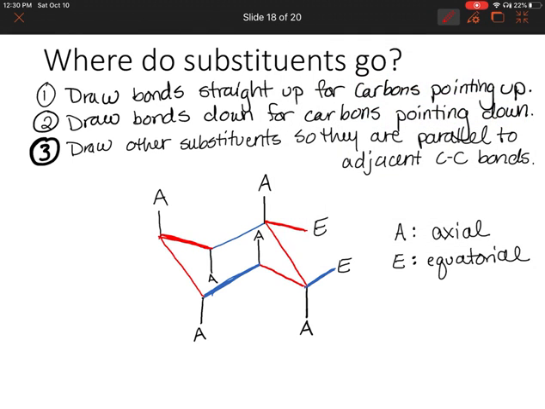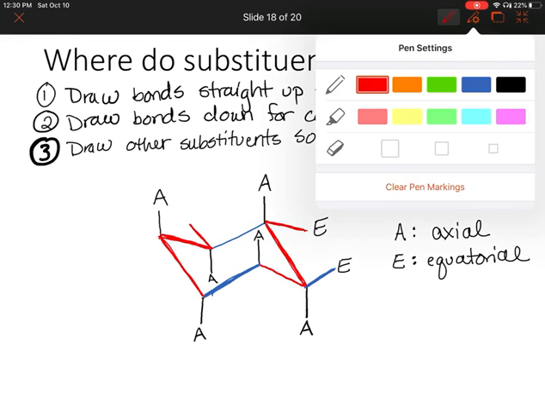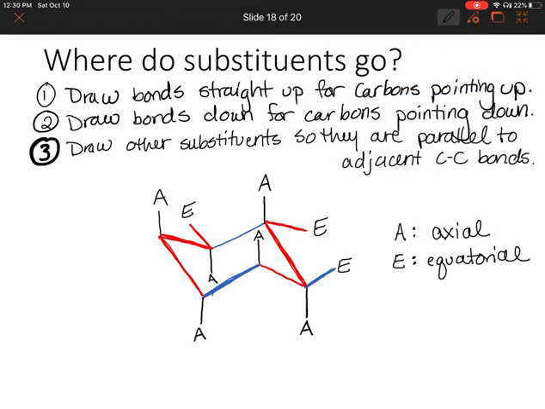So if we look two bonds over, we want this to be parallel to this bond, for instance, or even this bond over here on the right. And then that will also be labeled equatorial. Sometimes I draw that back bond a little bit differently, so I'll know what you mean if you don't draw it exactly the same way here, but try to be consistent, I guess.